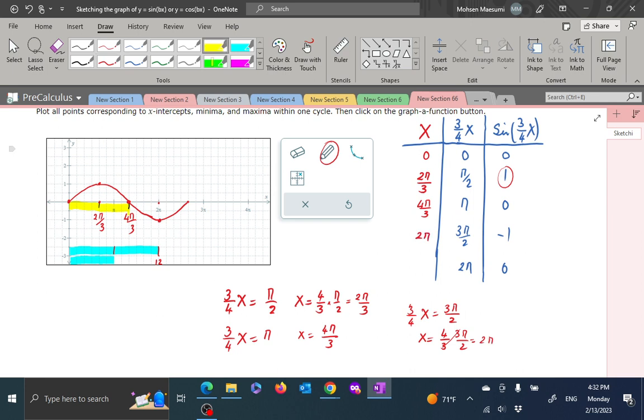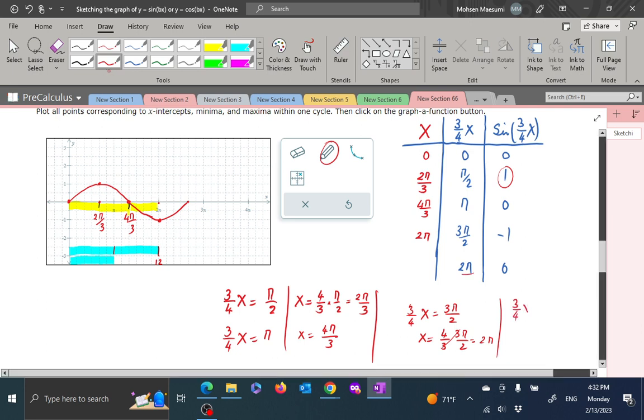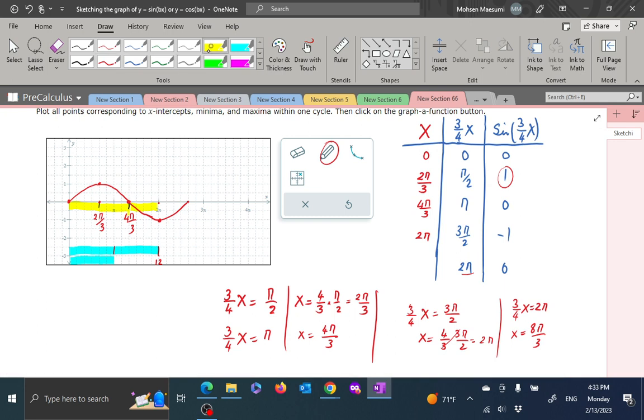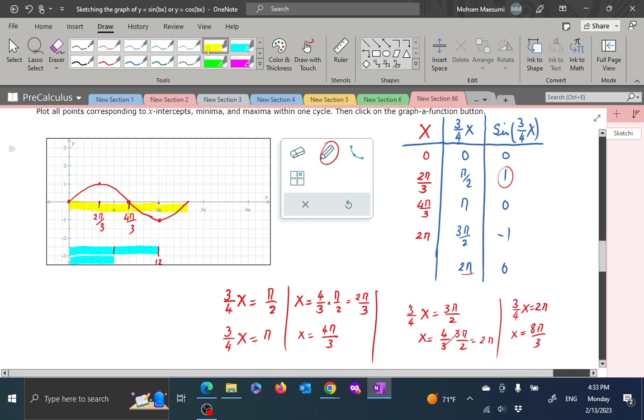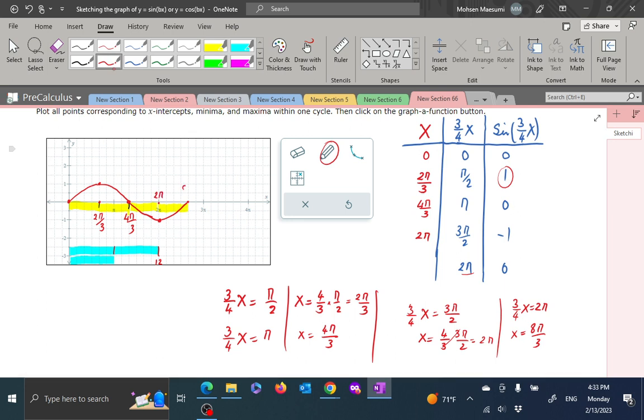So next step was 2 pi for us, and then finally the last of these is 3/4 of x is 2 pi. I calculate x has to be 8 pi third, multiplied by 4/3. So this was 2 pi, and this is 8 pi third.